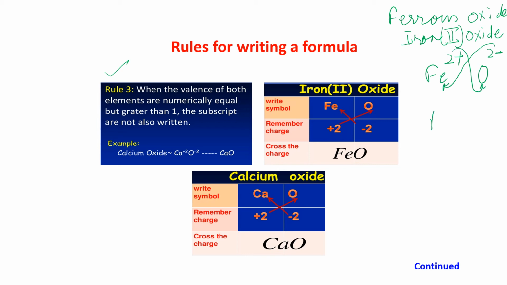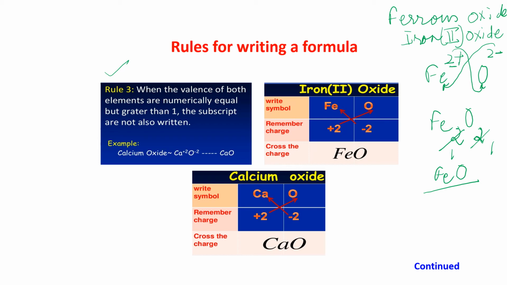So with Fe this 2 will come, and with oxygen this 2 will come. From Fe this 2 will come here. And now as this is also having 2, this is also having 2, then it is 2 ones are 2, 2 ones are 2. Okay, so what I'm getting is 1 and 1, and as I told you we are not writing 1, so it is FeO.